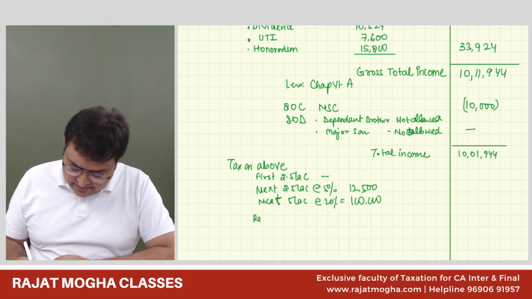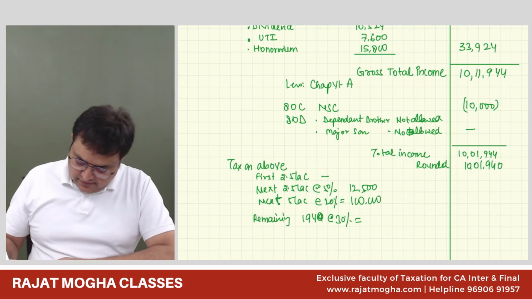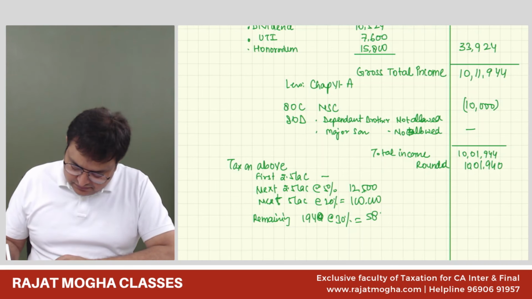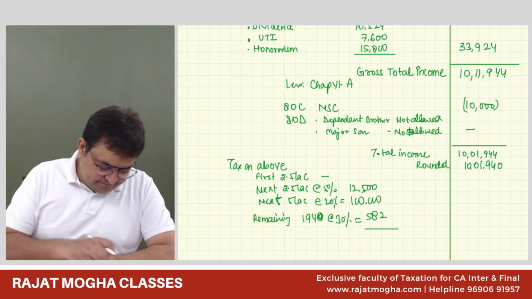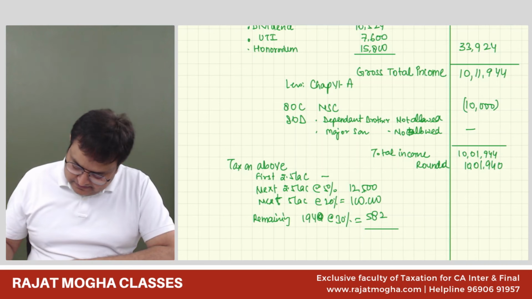And the remaining 1,944. But what I should do is round off the total income, so 10,01,940. So 1,940 at the rate of 30% is 582. The total is 1,13,082.